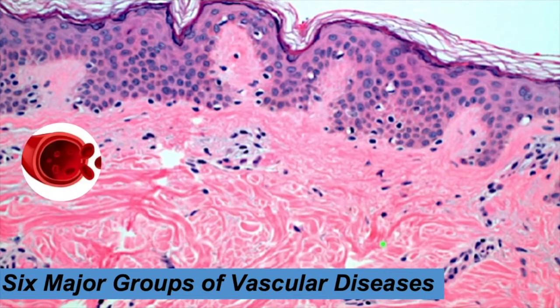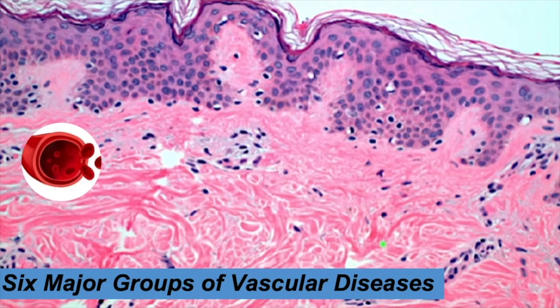So there are 6 patterns for vascular pathology or vasculopathic, and that includes vasculitis. So we're not just talking about vasculitis, but we're talking about what happens inside the vessels of the skin.